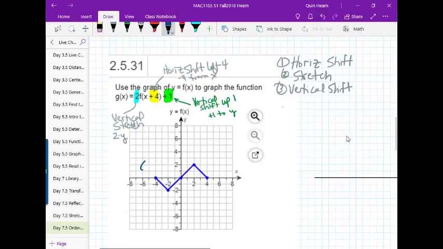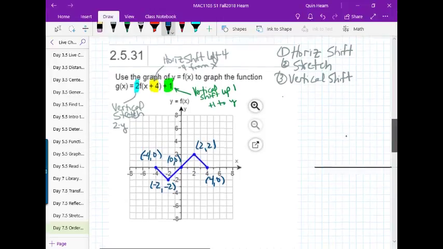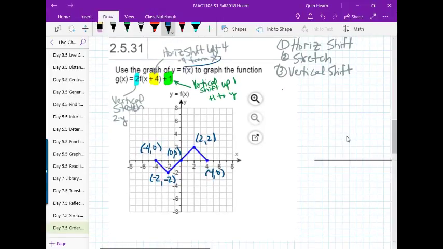Okay. All right, so let's start by identifying our key points here. All right, so we have (-4, 0), (-2, -2), (0, 0), (2, 2), and (4, 0). And we're going to do step 1. We're going to take each of those points and shift it horizontally by subtracting 4 from the x.